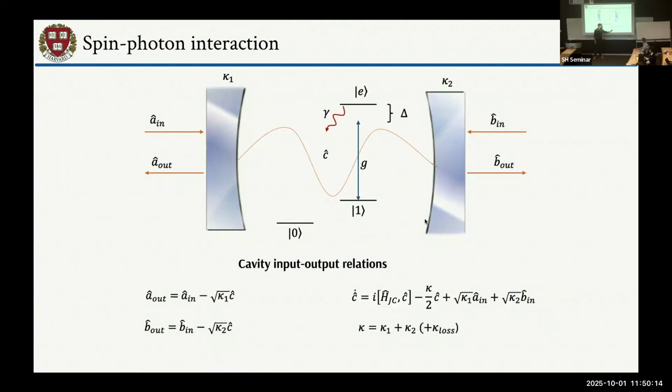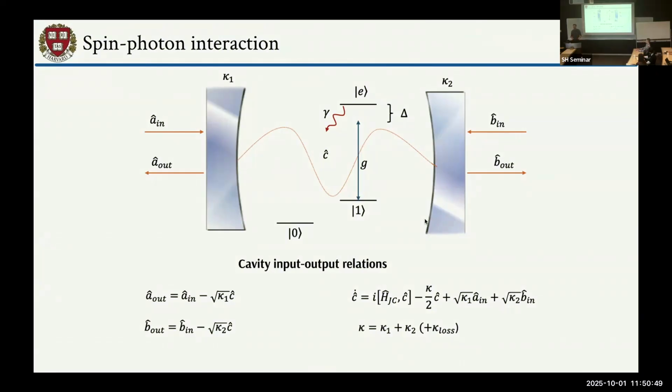So the decay rate of the cavity, of course, you have the input and output decay rates, kappa 1, kappa 2 from the two mirrors. There could also be some intrinsic loss that you can add to this kappa. Then you would also, in principle, need to add a loss operator here from the Langevin equation, but for most things in optical, there's no real black body radiation, so it's vacuum noise that comes in, and we'll neglect these noise operators as we go through, because they're mostly all vacuum.